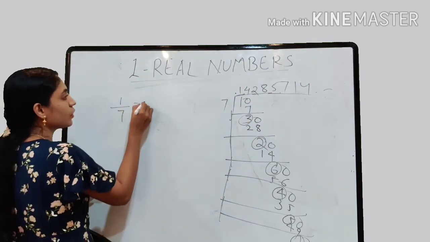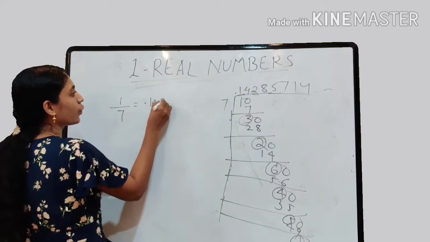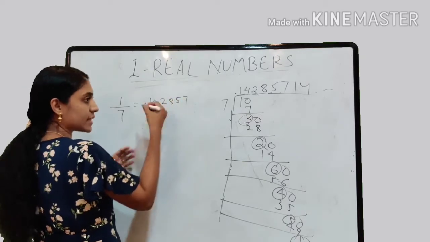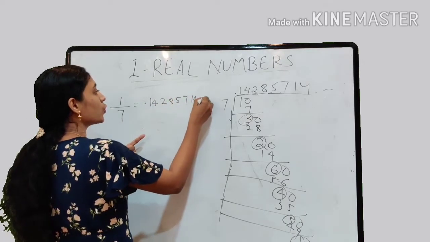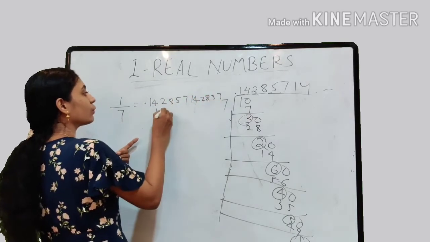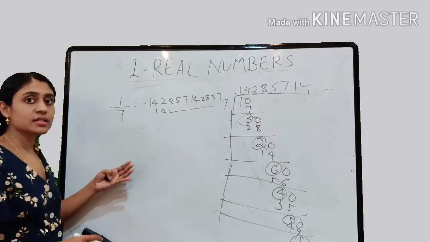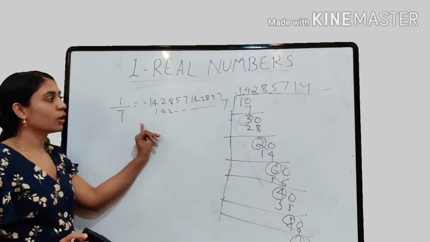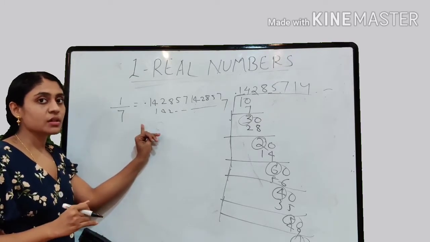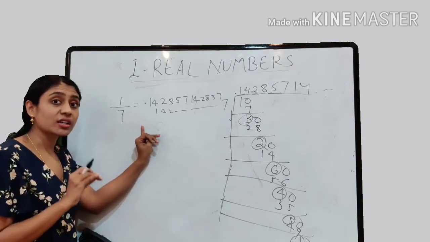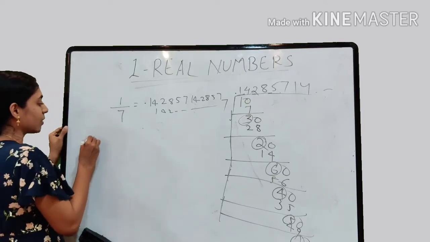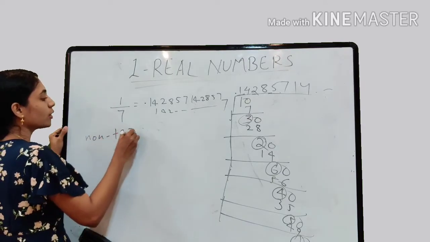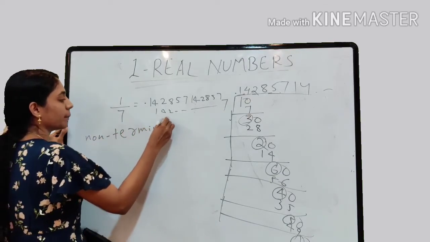That is 1 by 7 will be equal to 0.142857, again 142857, again 142, like that. It is repeating. It is not going to terminate. That's why we call those rational numbers whose decimal expansion is non-terminating repeating.